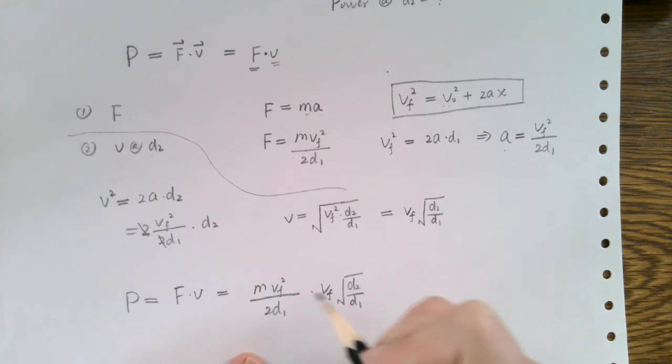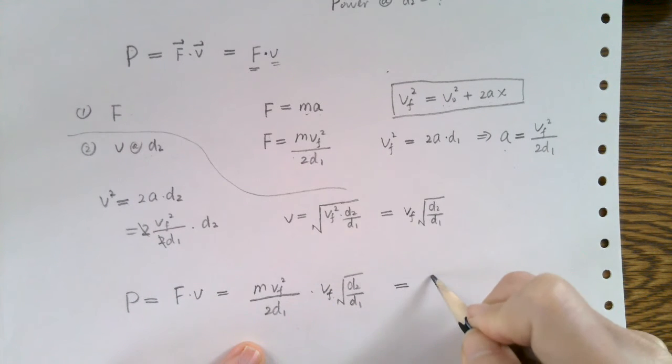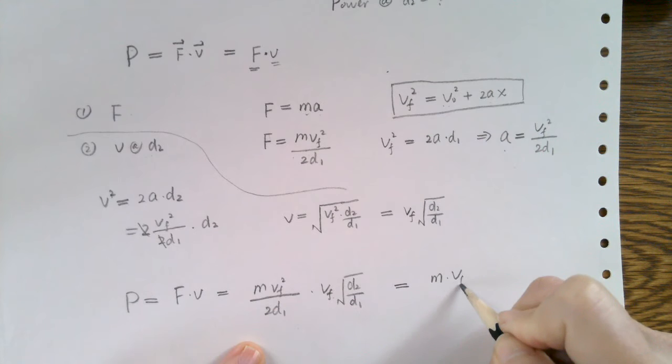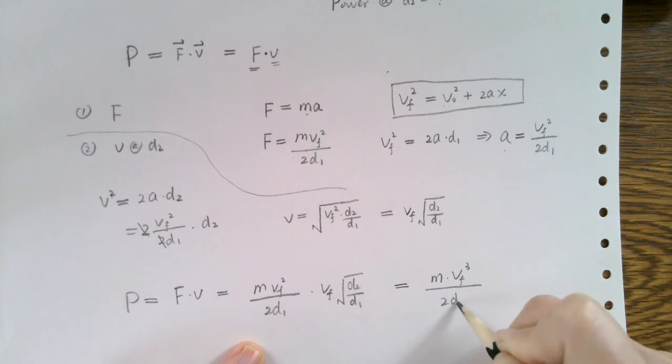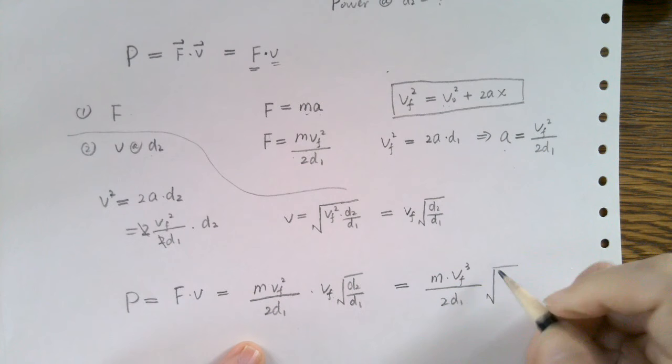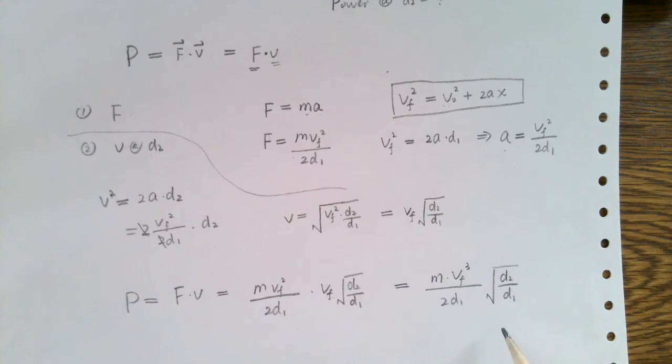Now let's combine because we have the vf squared and the vf here. It equals m times vf to the third over 2d1, times the square root of d2 over d1. And this is the algebraic expression for the power at any distance.